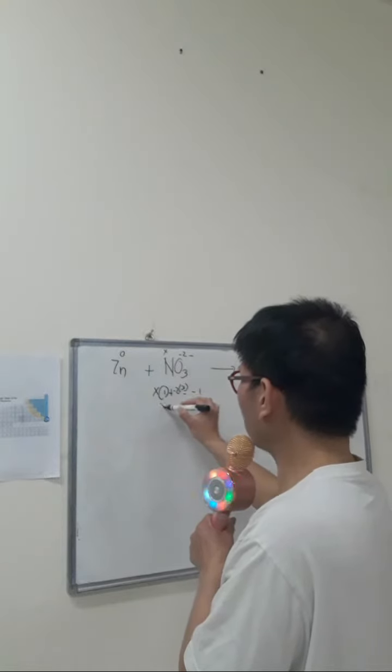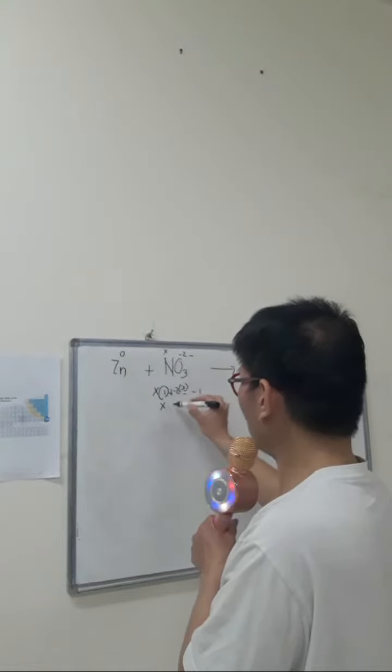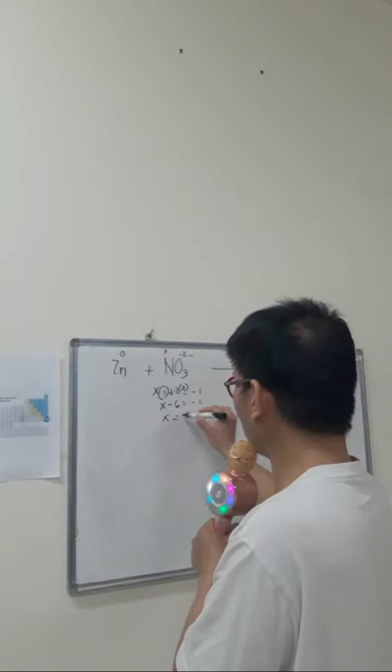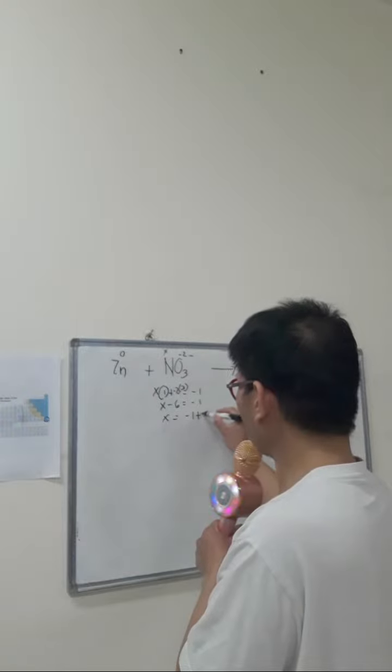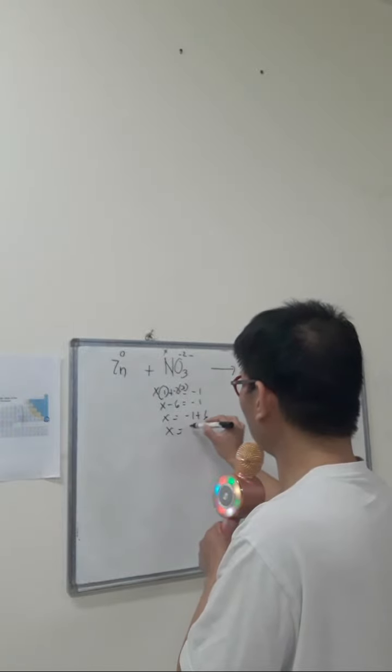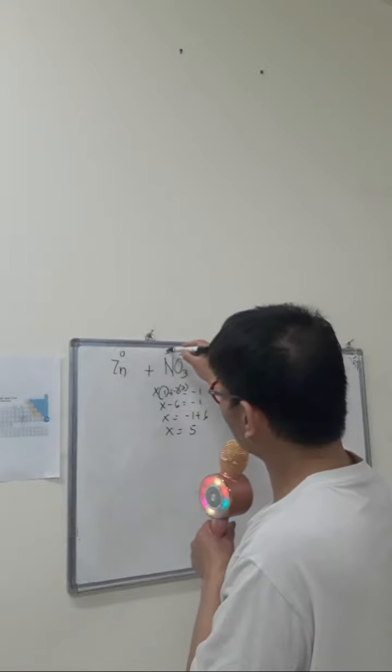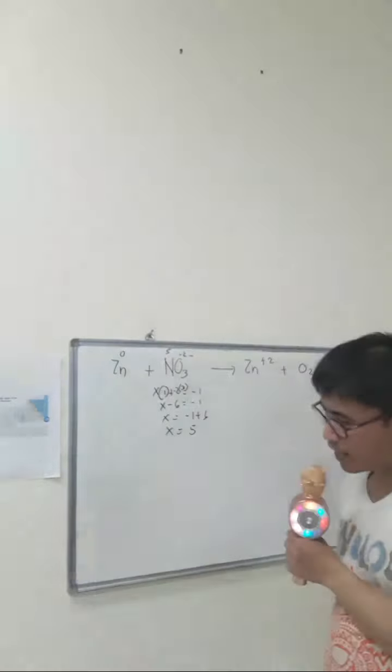So 1 times x, negative 2 times 3 is negative 6, equals -1. Transposing, x equals positive 5. The oxidation number of nitrogen is 5.